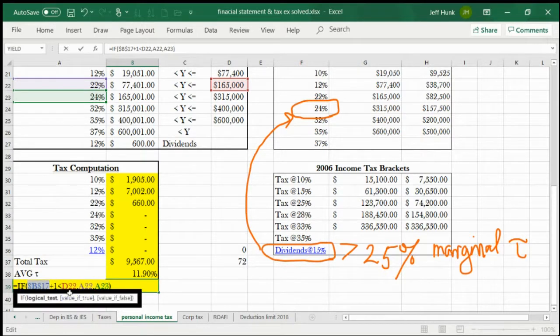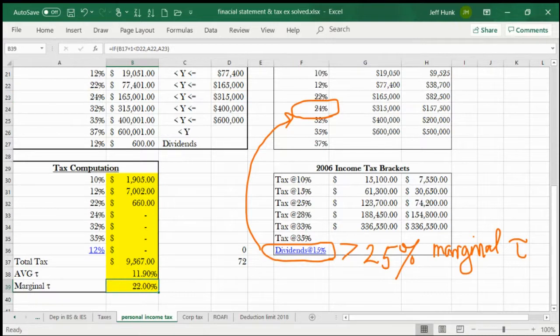And if it is still below the upper bound for 22%, then it is still 22%. If it is above that, that means you would fall into 24%. So it's going to automatically pick 22%. Your marginal tax rate is still 22%.